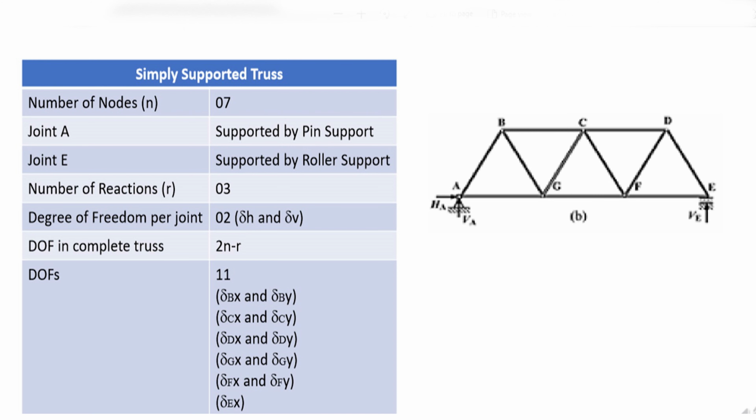As we know, in a pin support there are two reactive forces, Fx and Fy, and in a roller support there is one reactive force, that is Fy. So we have 3 reactions and 7 nodes. So the degree of freedom by the formula 2n minus r comes out to be 11.